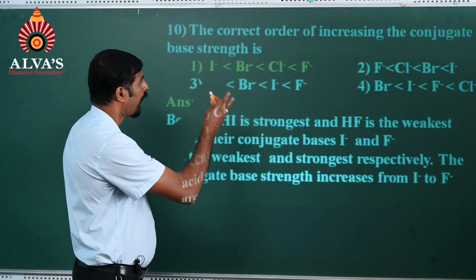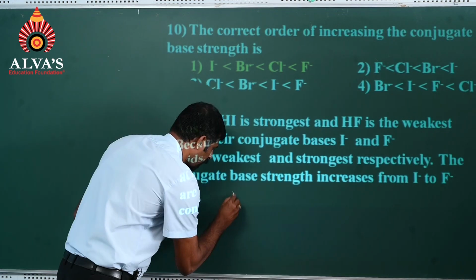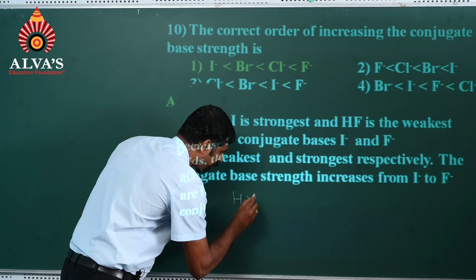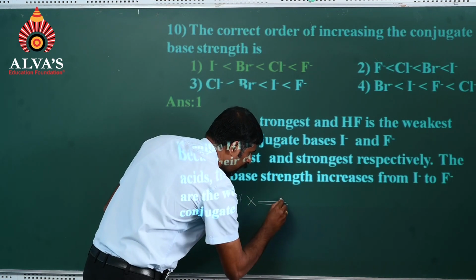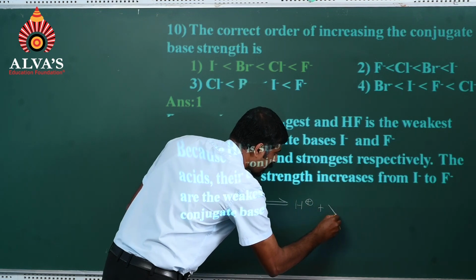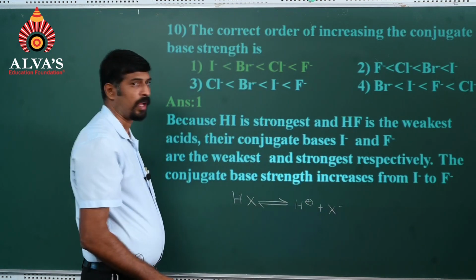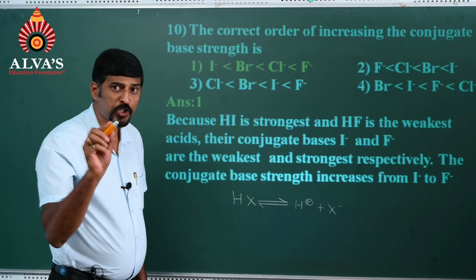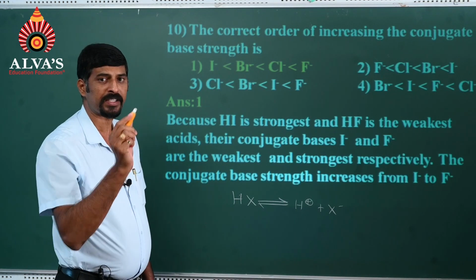Now, here hydrogen halide is given. HX dissociates to give H+ and X-. Now, if the acid is stronger, its conjugate base is weaker.